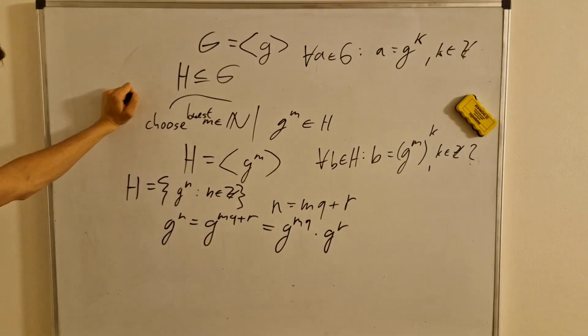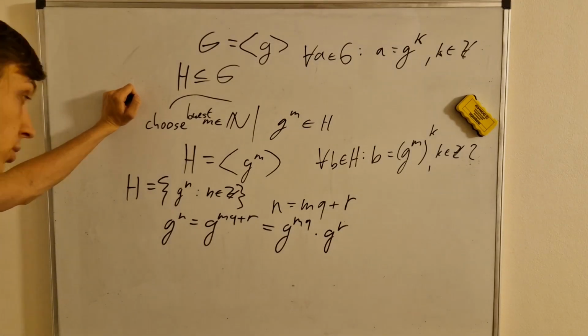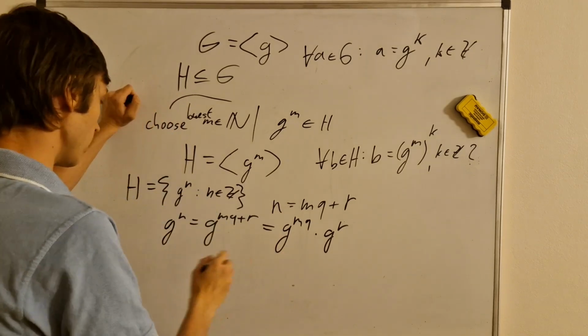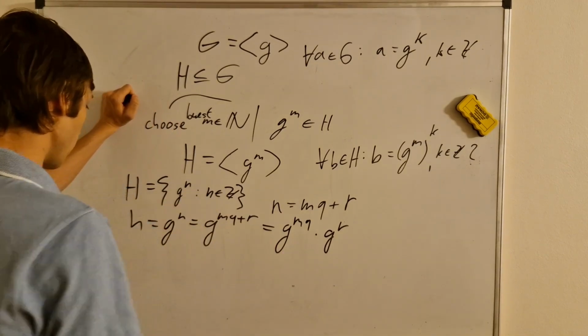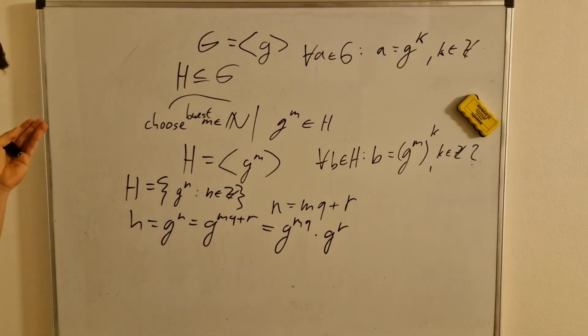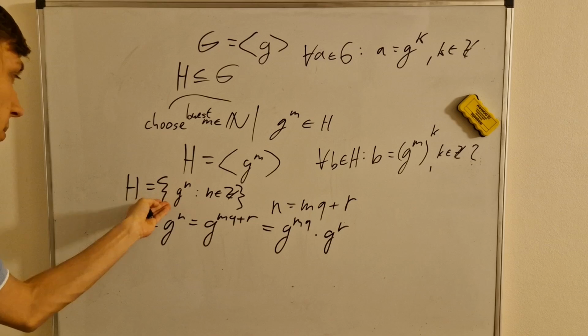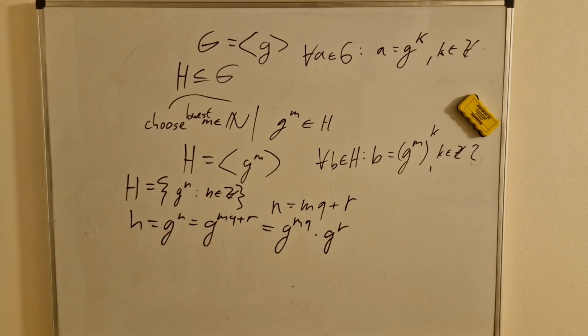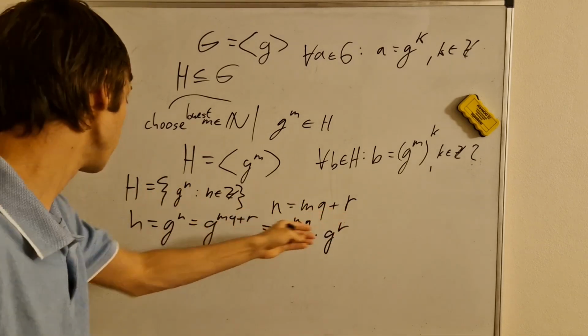Alright, well, let's say this is H, so H is equal to any possible G to the N. Let's now manipulate this a bit.